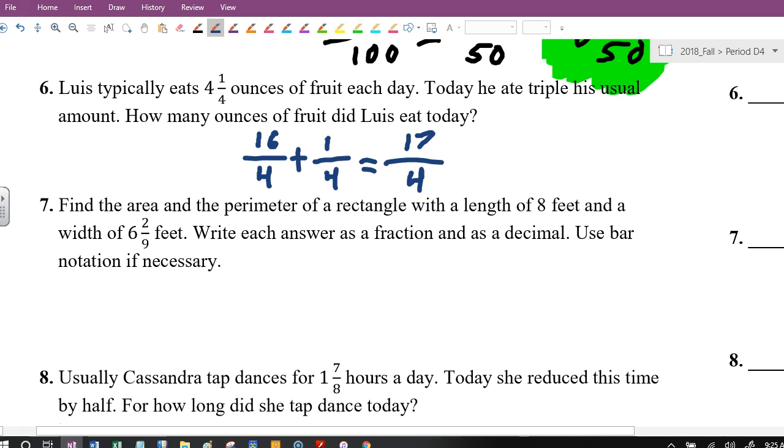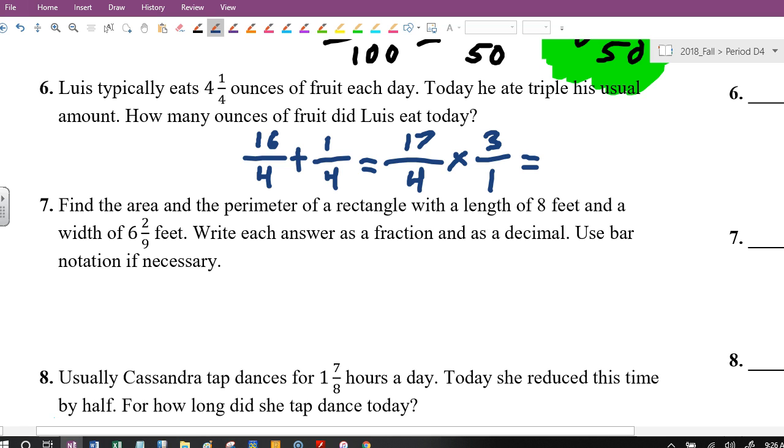It says that he tripled it, and so you multiply that 17/4 times 3. And then you get... I kind of just skipped that part and just simplified it.